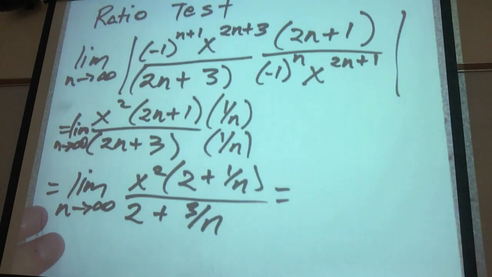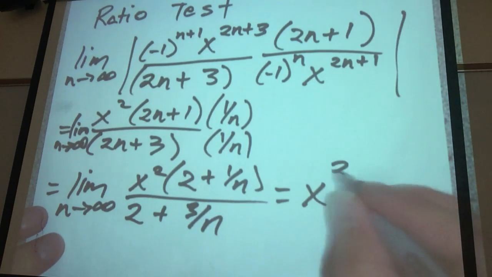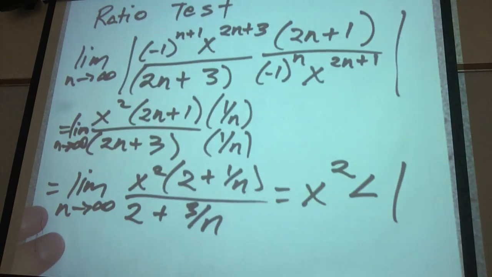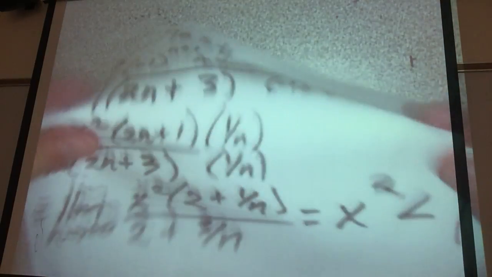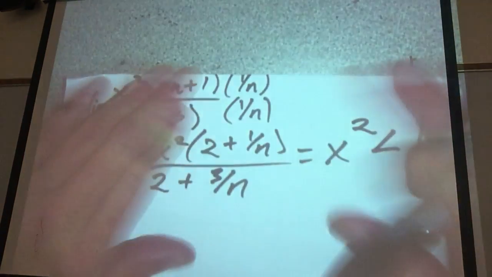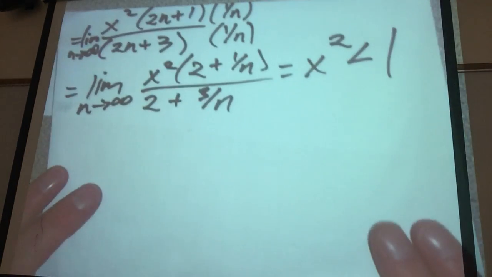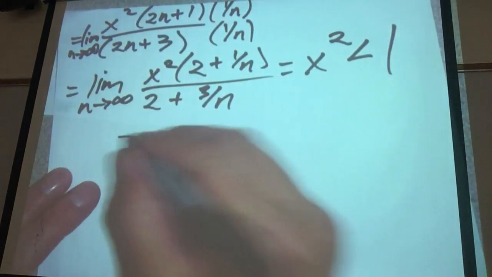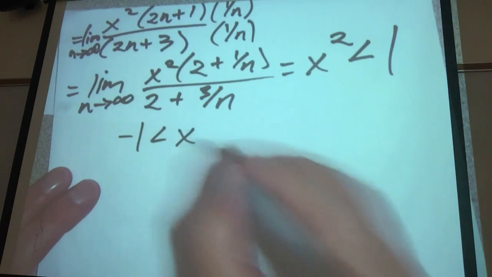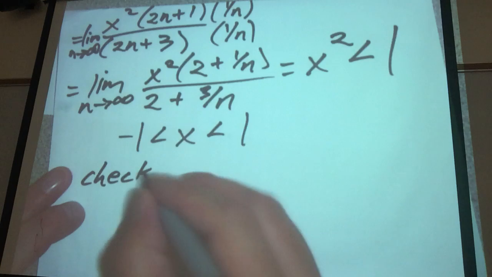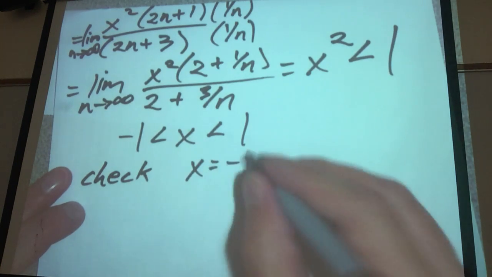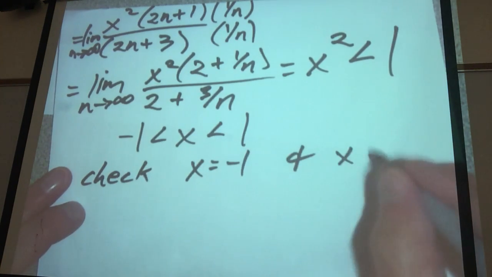And we can just say that x squared has to be less than 1. Or if we want to write this as an inequality, if x squared is less than 1, then negative 1 is less than x, which is less than 1. And so we need to check x equals negative 1 and x equals 1.